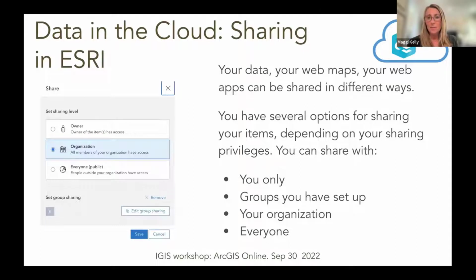You will have options to make your data only visible or usable by you, visible and usable by your organization, or visible and usable by the public. And so this is something to pay attention to, because you might want to create a web map that isn't yet public, that you want to test run with, say, a group. But you might want to say, I'm ready to publish this thing. Let's make it public.